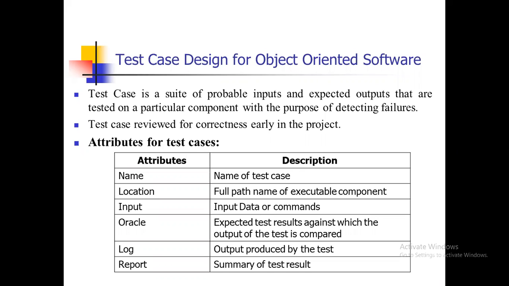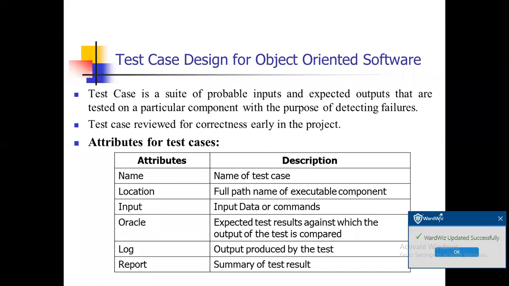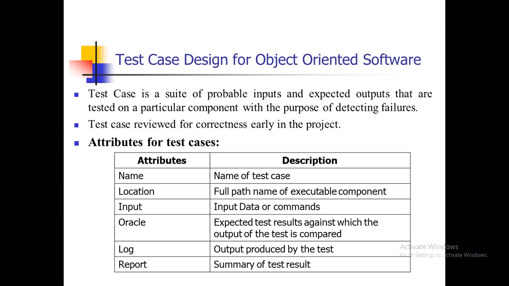For that we have designed test cases. Based on the test cases, we provide some inputs and expect some outputs. We compare that output according to the given input. So test cases are reviewed for correctness.